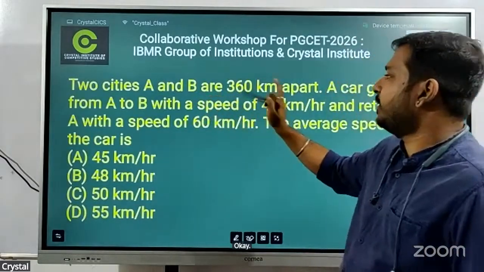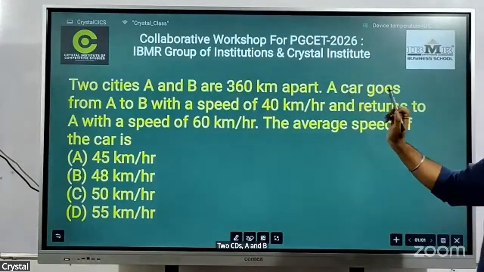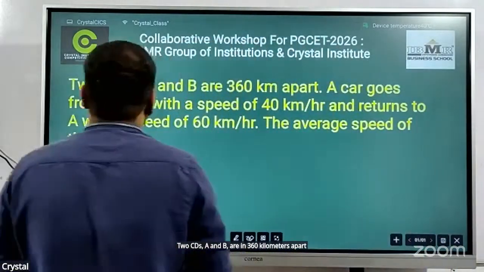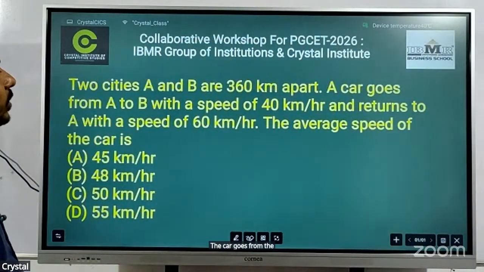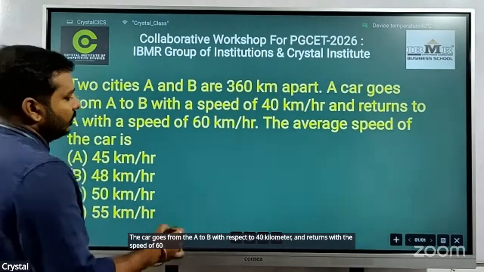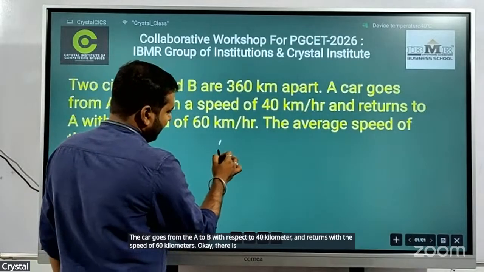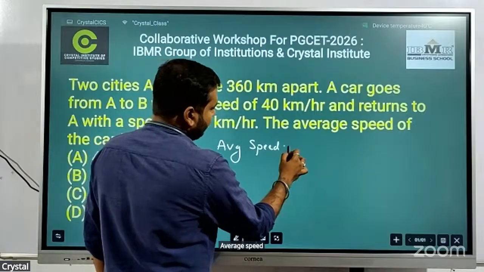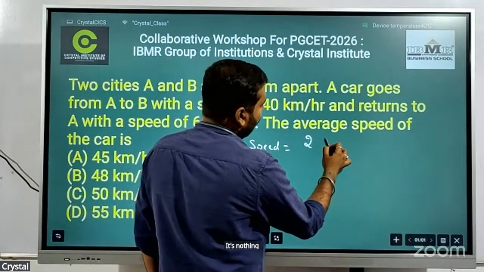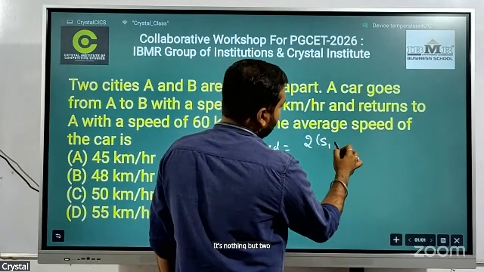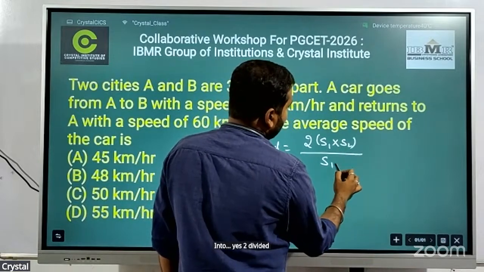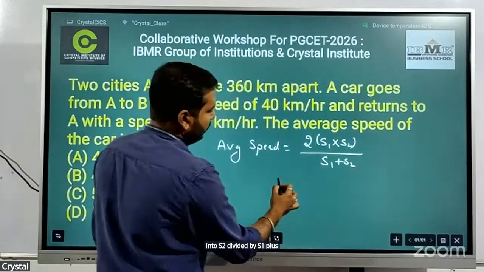Two cities A and B are 360 kilometers apart. A car goes from A to B with a speed of 40 kilometers per hour and returns with a speed of 60 kilometers per hour. There is one formula for average speed: 2 S1 S2 divided by S1 plus S2.